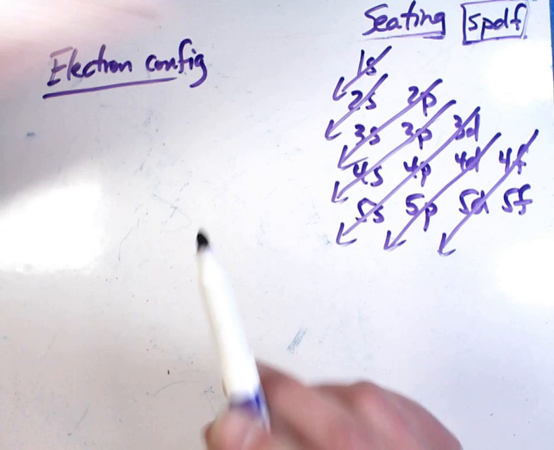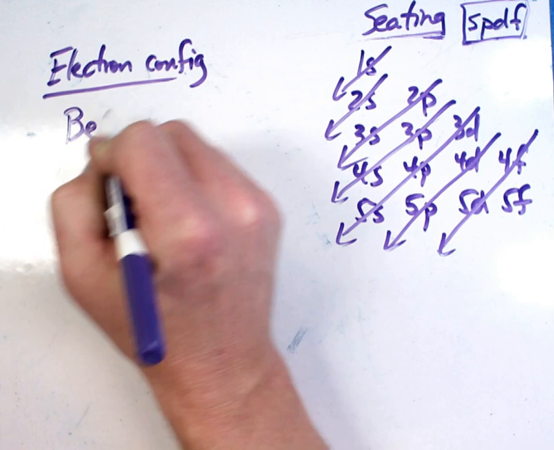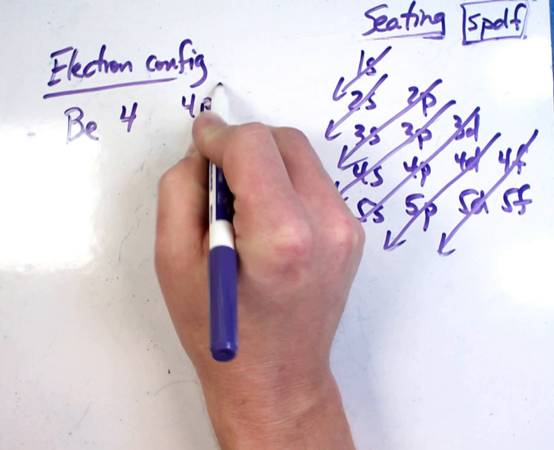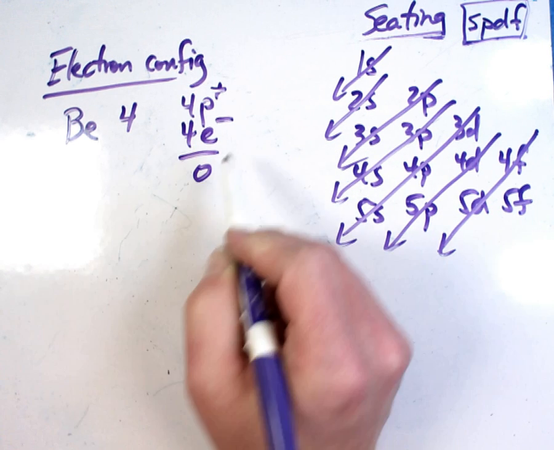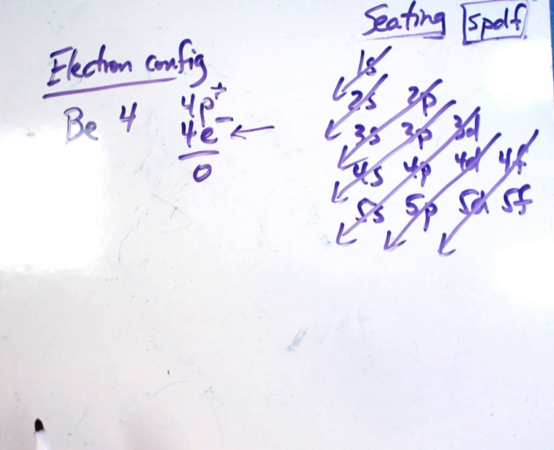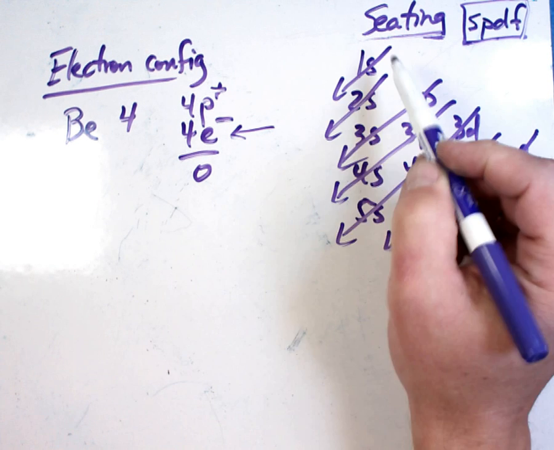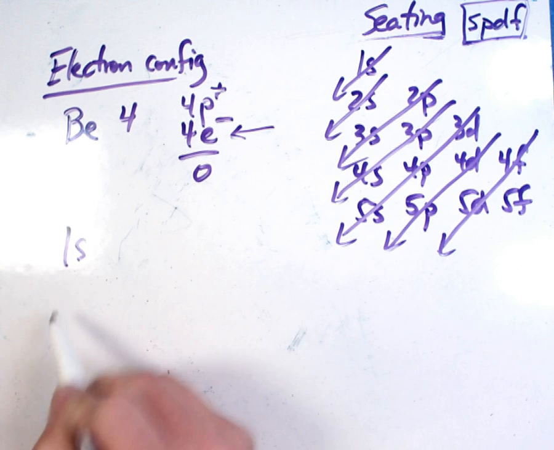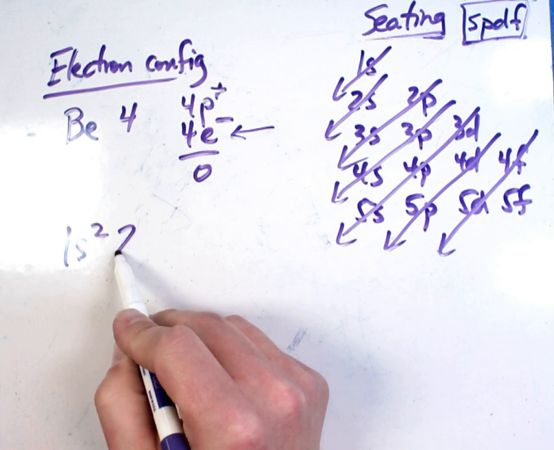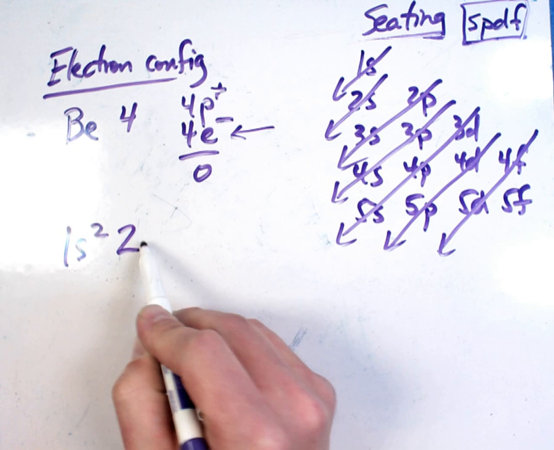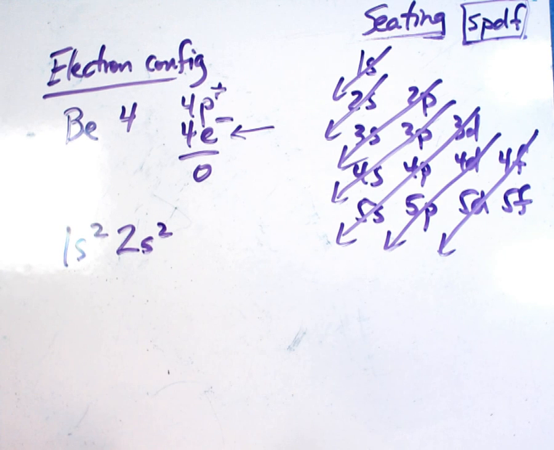That means beryllium has 4 protons and 4 electrons. So it's neutral. What we're going to focus on are these 4 electrons. Here's how you do it. Start at the top. 1s holds how many? 2. 2s holds 2. And you're done, because these two numbers add up to 4.